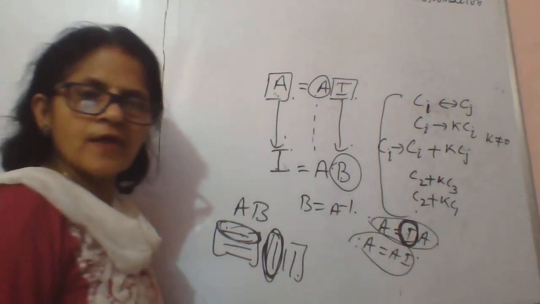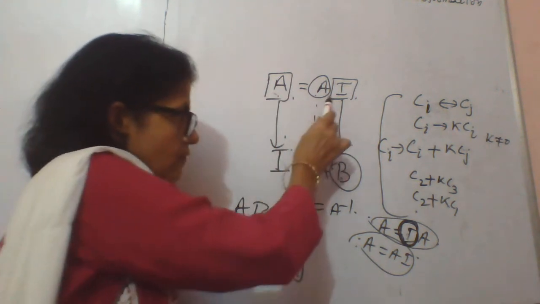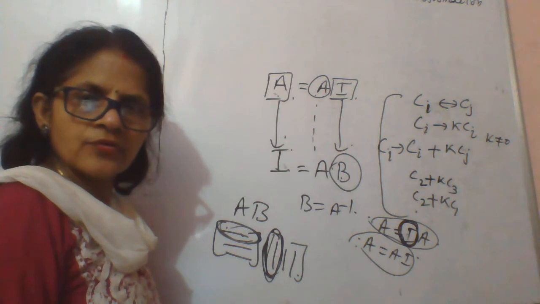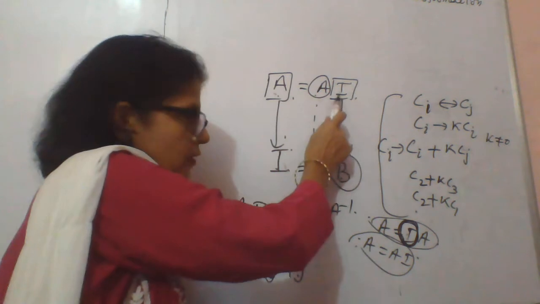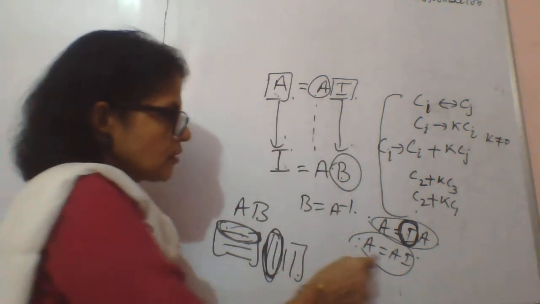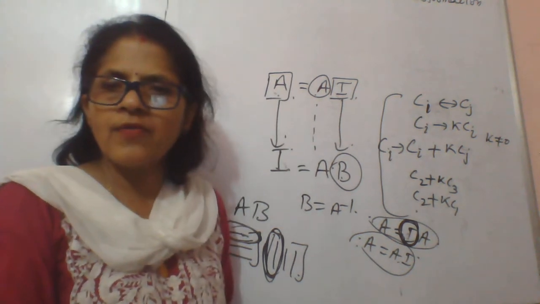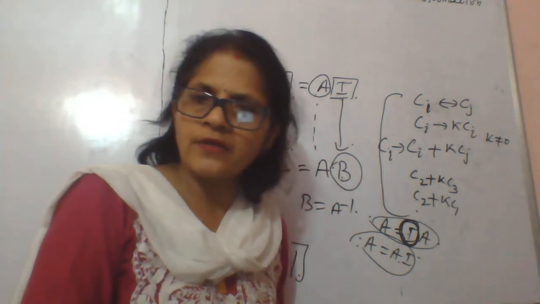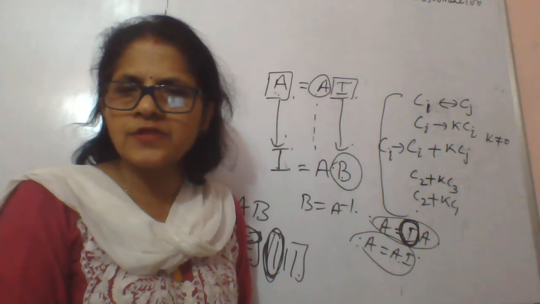Similarly, for column transformation, because we are allowed to use the columns only, if we keep I in the post factor, second position, the multiplication rule will be valid. So that is the reason why I is taken as pre-factor in case of row transformation and I is taken as post factor in case of column transformation.